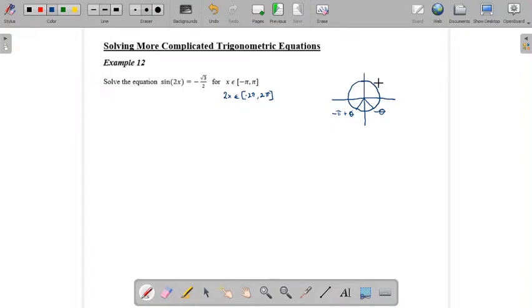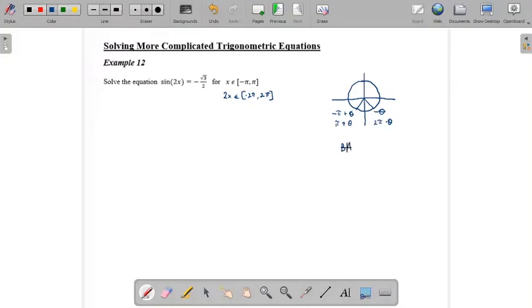So around here from 0 to pi. So this angle again, our solution here in this quadrant will be pi plus theta, and then this point here, which would be 2 pi minus theta. Okay, so there's our 4 solutions because we're going around twice around the unit circle.